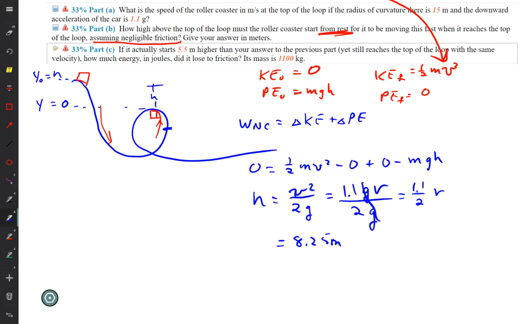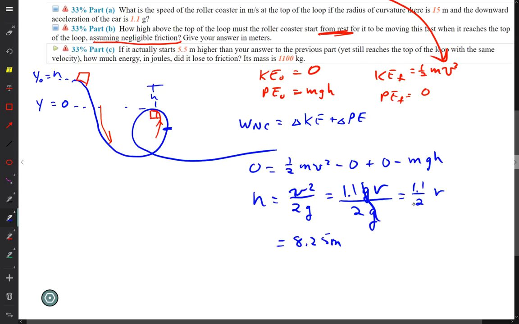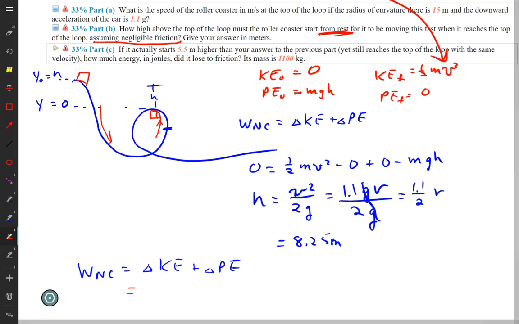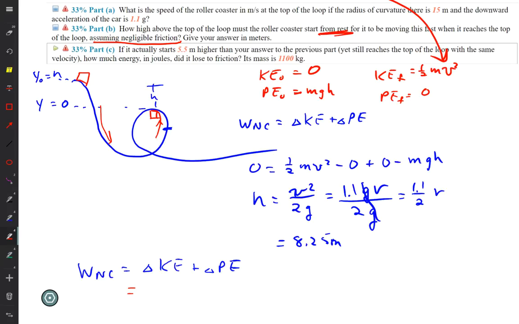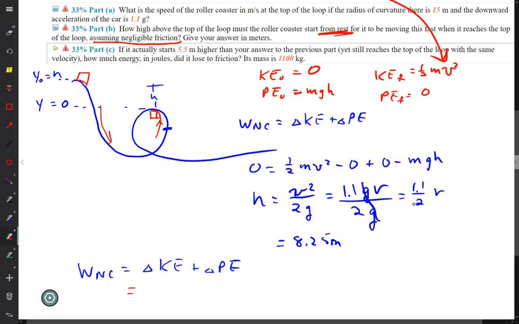Now it asks me to find what the work non-conservative is. Work non-conservative is change in kinetic energy plus change in potential energy. So using this new information, the change in kinetic energy is going to be the same thing as we had before. The change in potential energy is going to be bigger by 5.5 meters.